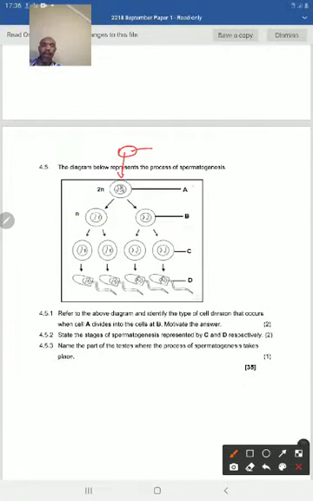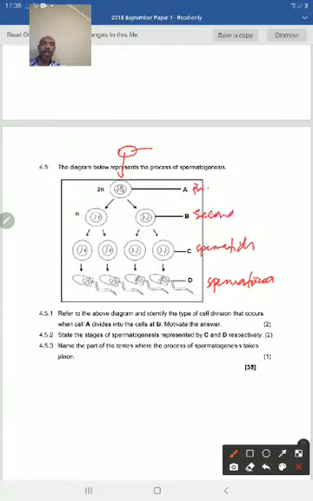Then A means the primary spermatocytes, then secondary spermatocytes, then spermatids, and then immature sperm cells, because spermatozoa mature in the epididymis.